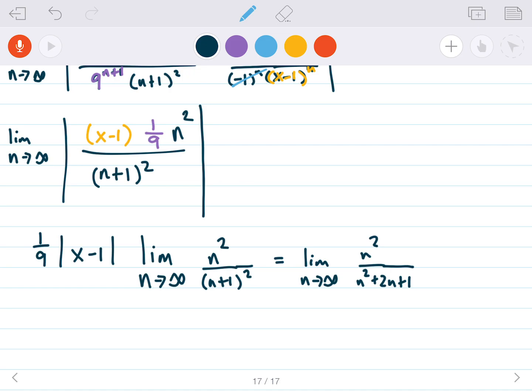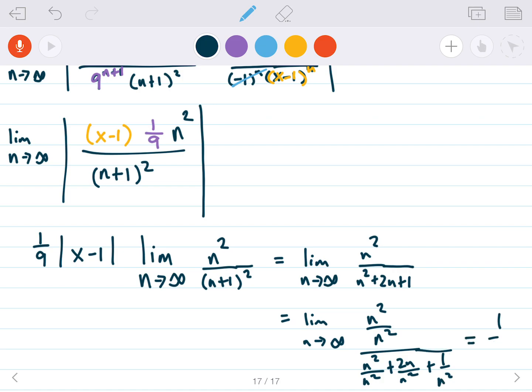If I divide top and bottom by the highest power, or you can use L'Hopital if you want, I get n squared over n squared over n squared plus 2n over n squared plus 1 over n squared, which is 1 over 1 plus 2 over n plus 1 over n squared. Obviously this is going to go to 1 because this goes to 0, this goes to 0, and 1 over 1 is 1. Cool.